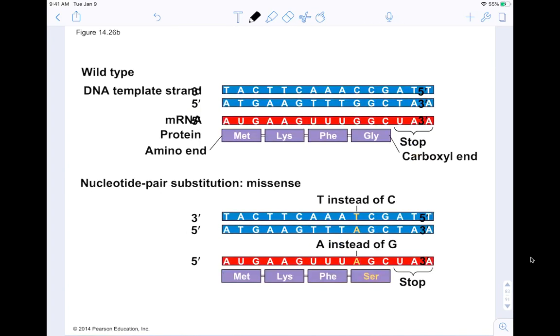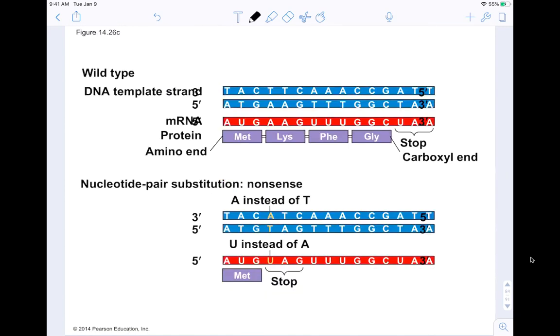So here's an example of a missense. You have the T instead of a C, so your glycine is going to become a serine, right? So now we are creating the wrong amino acid. And then your nonsense is where you are going to have a stop codon put in instead of the correct amino acid.